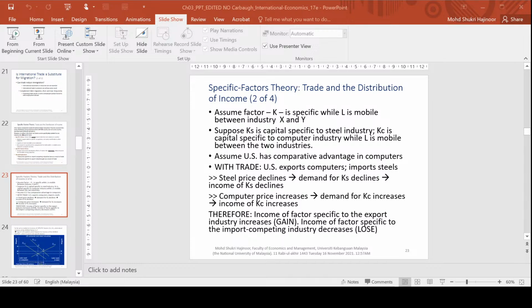If computer is capital intensive, both K and L will be needed. Which one will be needed by more? Computer is capital intensive, so K will be needed by more.